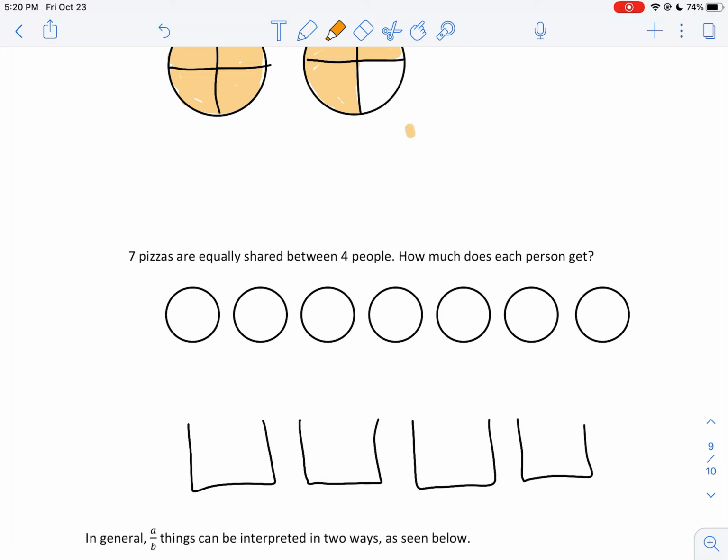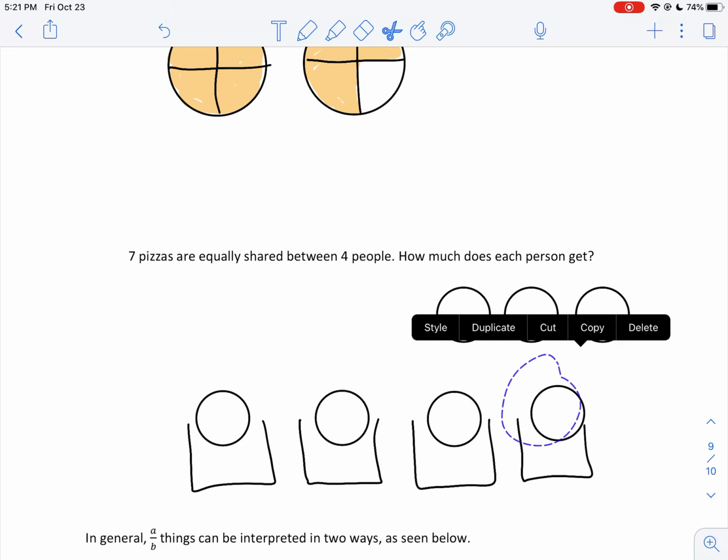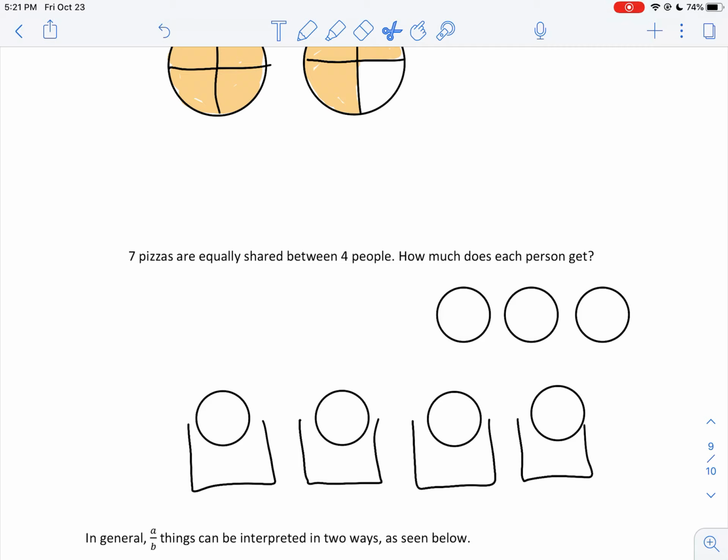Well, one way to do this is to start splitting the pizzas up, putting them one at a time. So that kid gets a pizza, that kid gets a pizza, this kid gets a pizza, this kid gets a pizza. Now we have 3 pizzas left. And these ones I'm going to break up into fourths and split up those fourths. So let's do this pizza first.